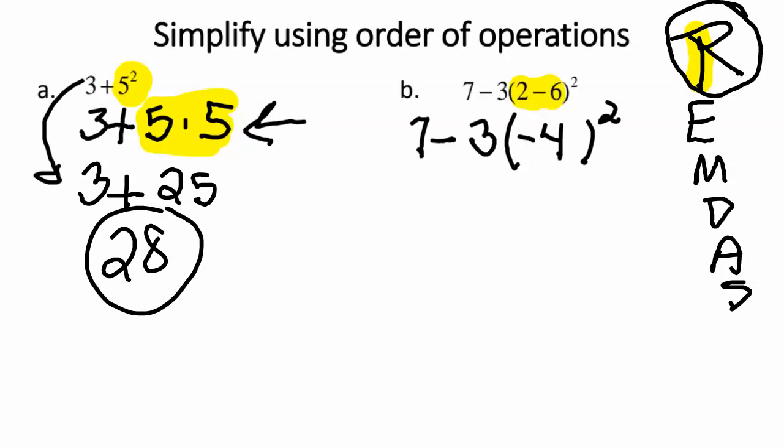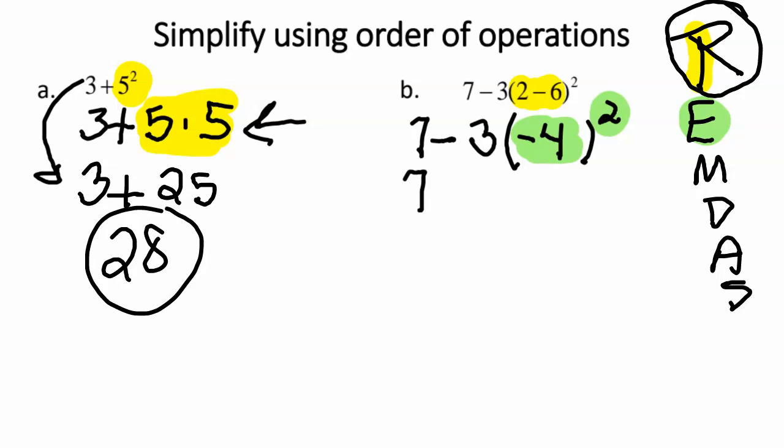Now, the next step is the exponent. That's that 2. And that 2 only pertains to negative 4. Do not take the negative 3 and the negative 4 and multiply them together. No, no, no, no, no. Order is not saying that.